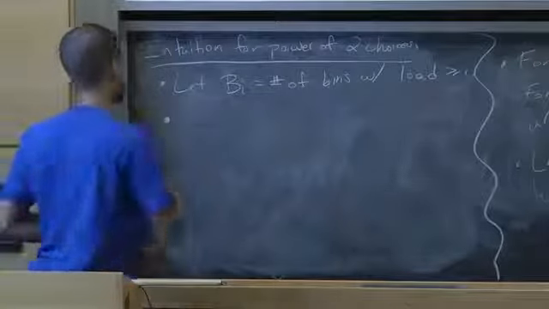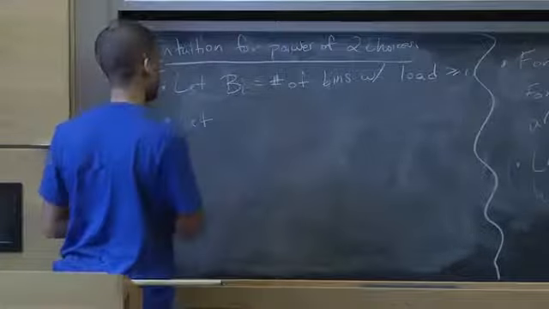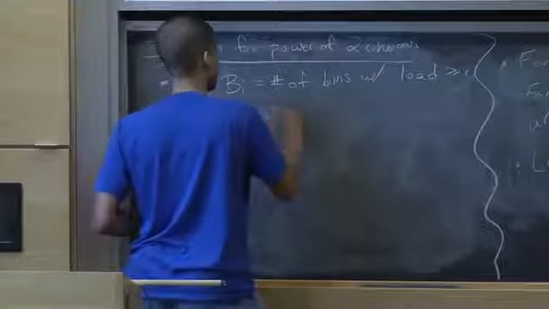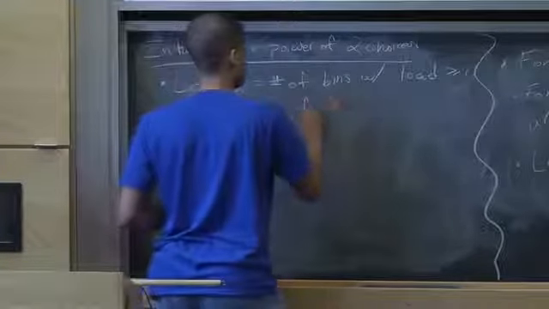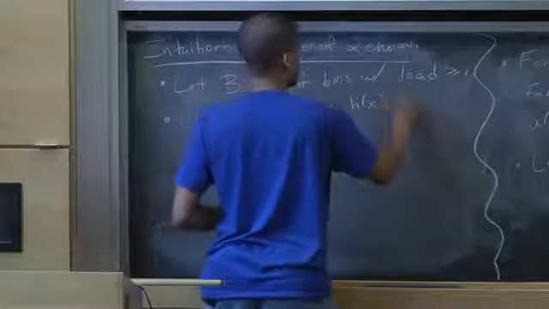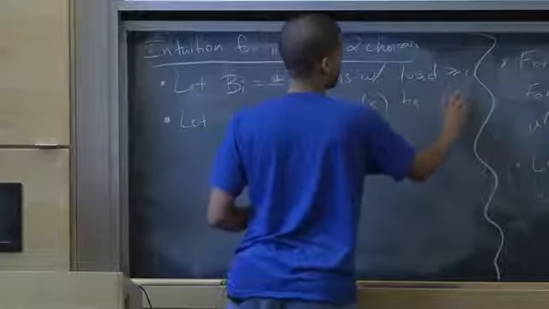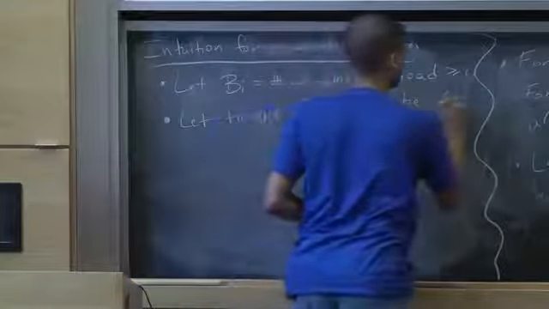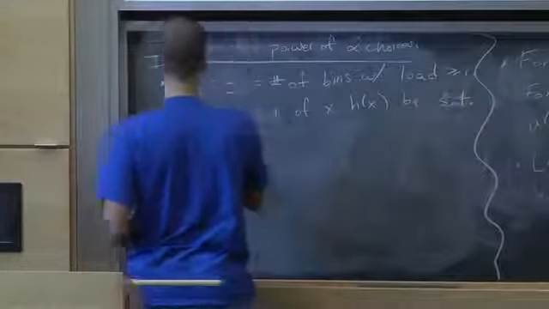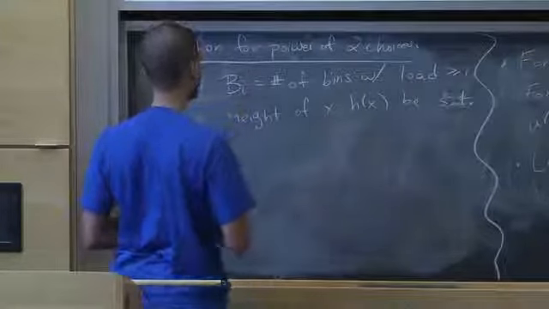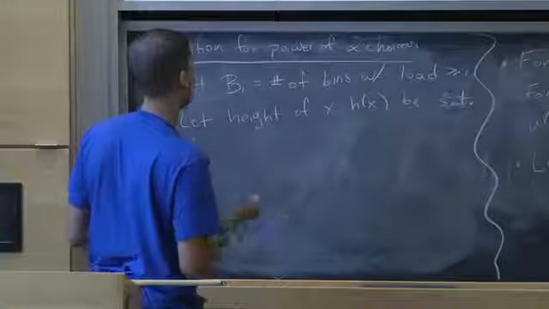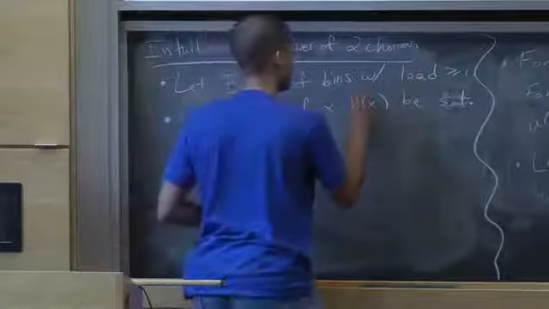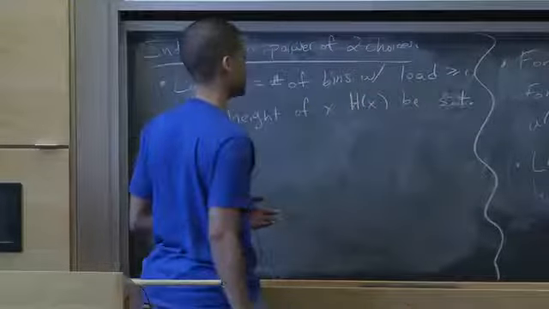And let the height of x be such that, my hash function, let me make it capital H, because my hash function is supposed to be g and little h.